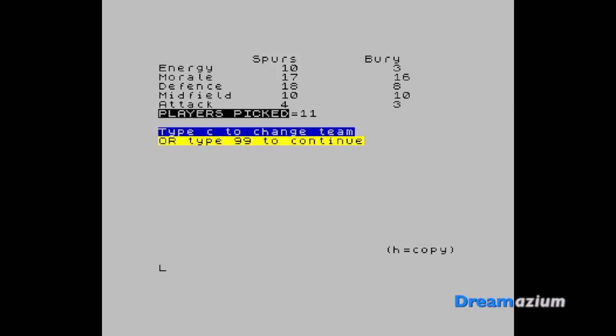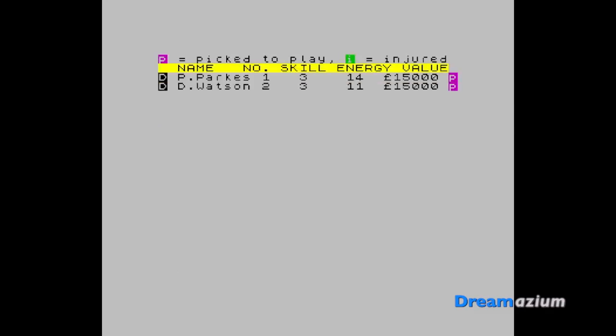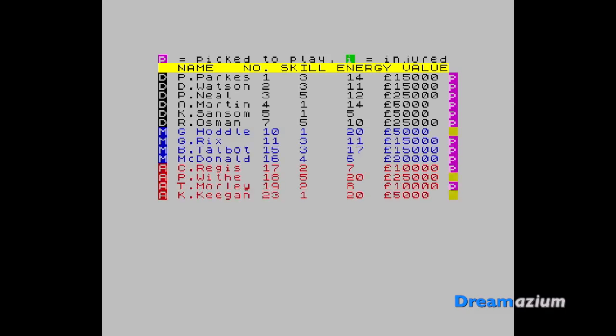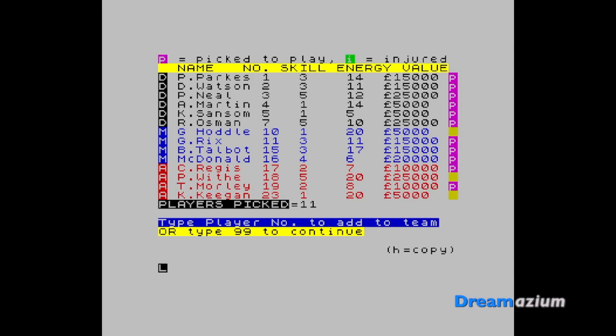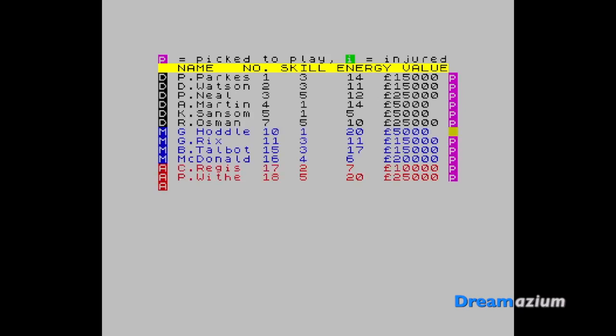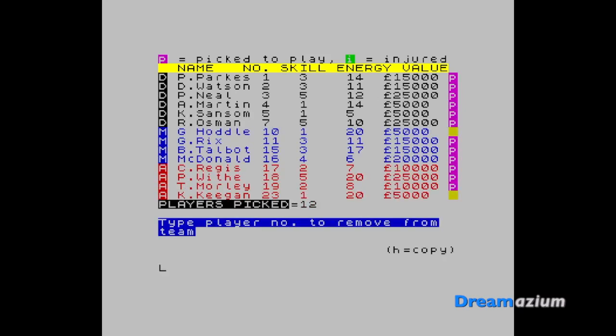But we've got 11 players, but I want to have a look at the team. So let's check out the team. And now Hoddle is okay again, and so are our other players. So which player am I going to put in? I'm going to have to take somebody out and put someone in. So I think I want to put in number 18 because he looks like a star. Right, now I've got to remove somebody from the team.